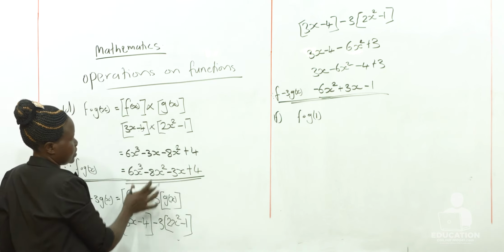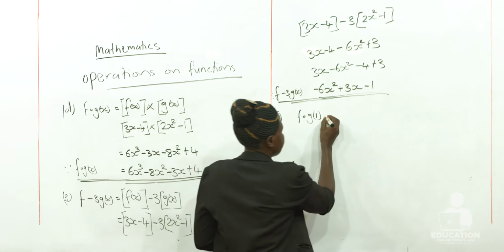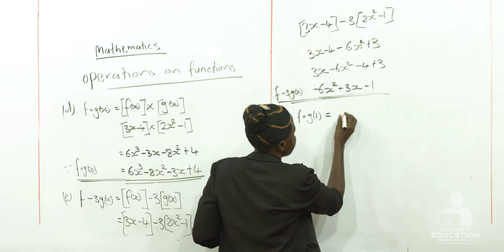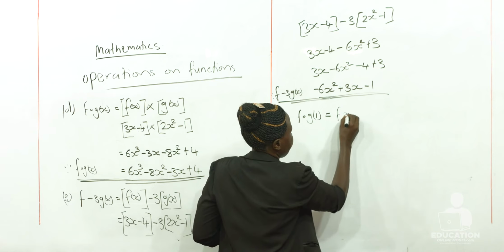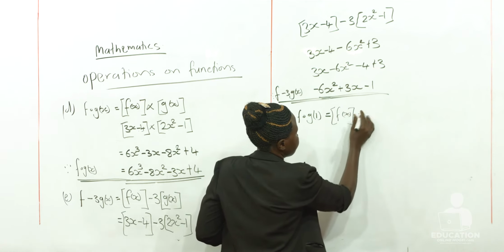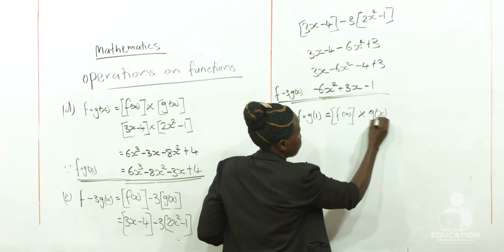So when you reach this stage, that is where you do your operation or you substitute the value of x. So you simply have f times g of x.